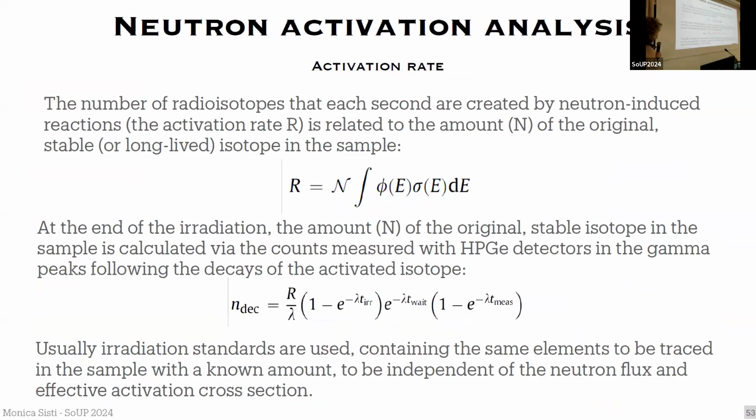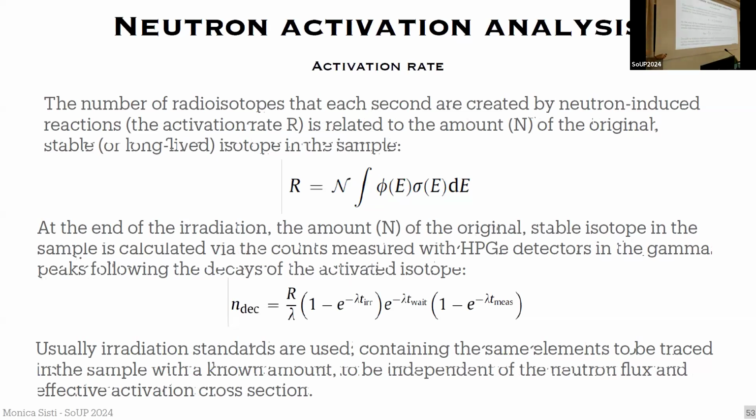Okay, so very briefly, this is the activation rate formula. From what you measure with your gamma spectrometer, you calculate the activation rate with this formula, and then you can go back to calculate the number of precursors of the nuclide of interest that are present in your detector.